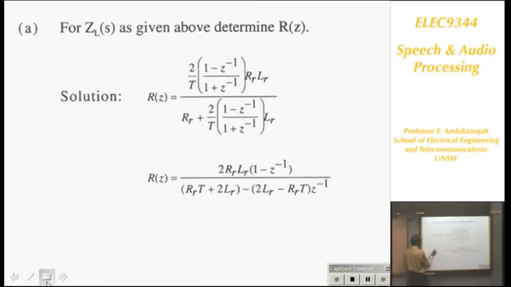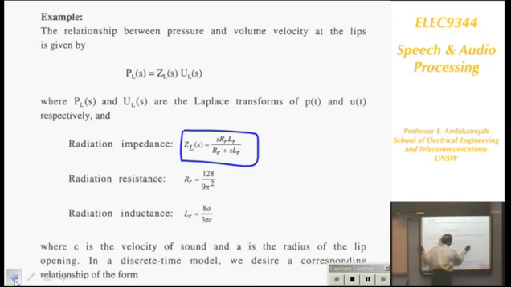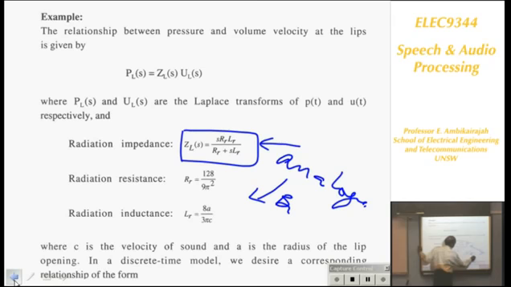All I am doing is, if you go back here, I have been given this as my transfer function, which is analog. If you want to go from analog to digital, use the bilinear transform.